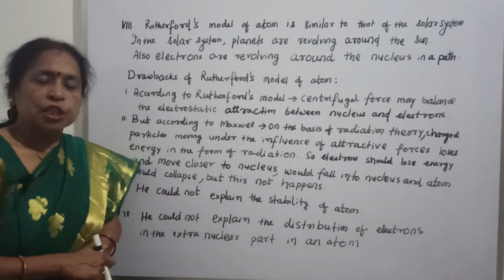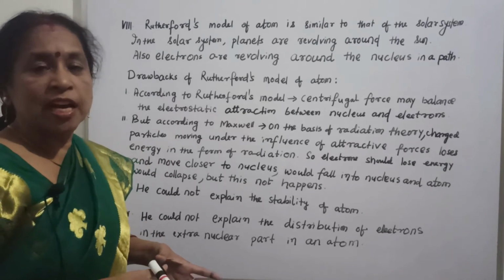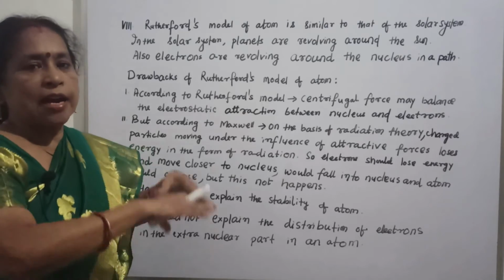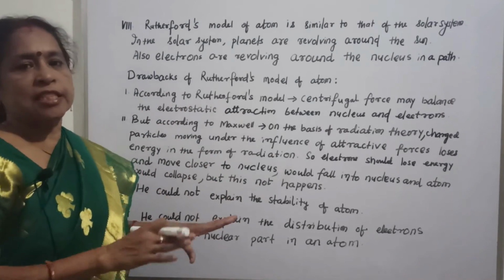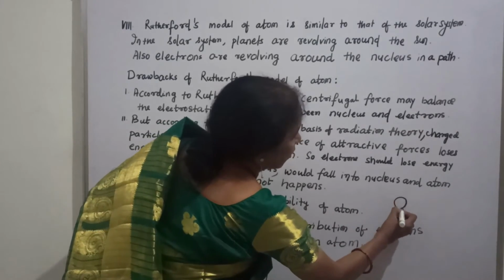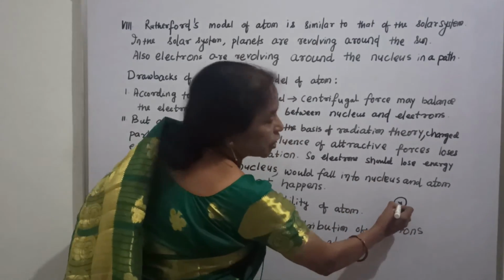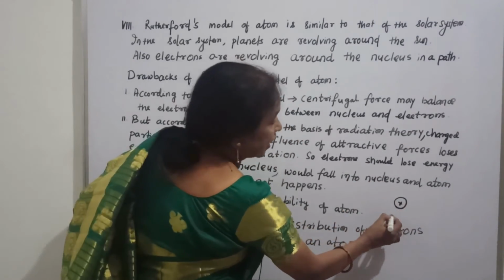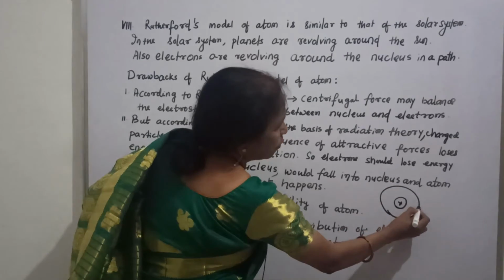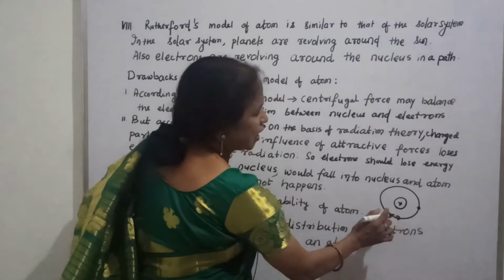So according to this theory, the electron would lose energy, come into the nucleus and the atom would collapse, but this is not happening. Now see, if this is the nucleus and it contains positive charge, and here I show only one orbit, suppose an electron is there.